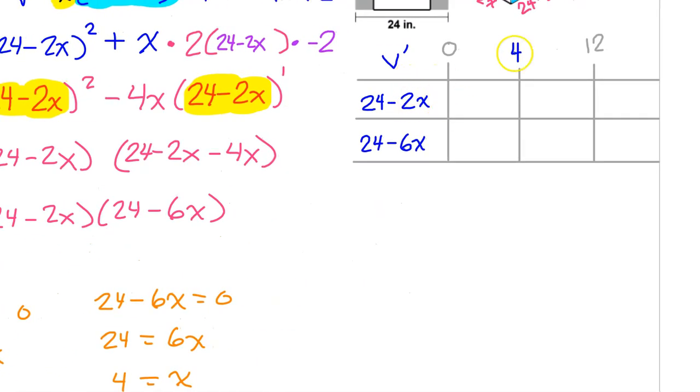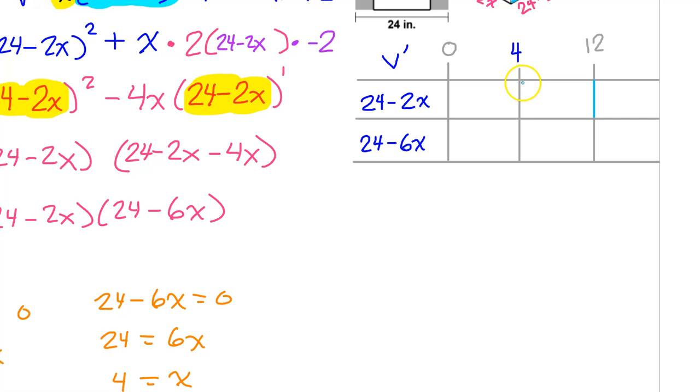So this factor is equal to 0 right here. This is the only place where this factor might change signs. That means there will be no sign change on the interval from 0 to 12. No sign change on this domain. It'll either be negative in both intervals or positive in both intervals.